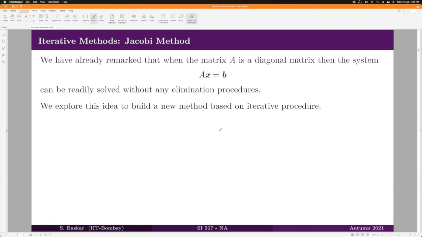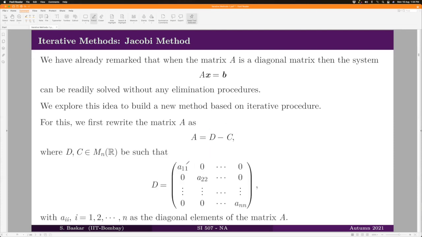Now, keeping this in mind, let us try to explore the idea of how to build a basic iterative procedure. Write your given matrix A in the form D minus C, where D is the diagonal part of your matrix A. That is, if you are given A as A_ij, where i varies from 1 to n, which corresponds to rows, and j varies from again 1 to n, which corresponds to columns, then A_ii will be the diagonal entry of the ith row, right?